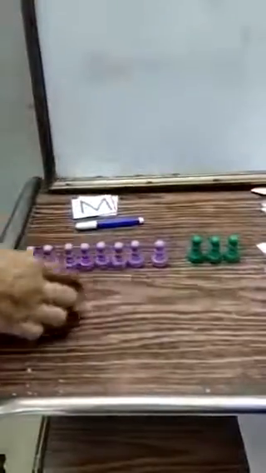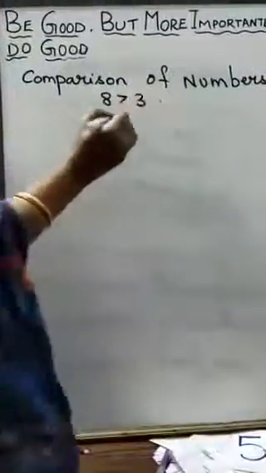Let us see, the green color coins are 3 and the purple color coins are 8. So in these two colors, which one is larger and which is smaller? Obviously, the purple is more than the green color. So 8 is greater than 3.